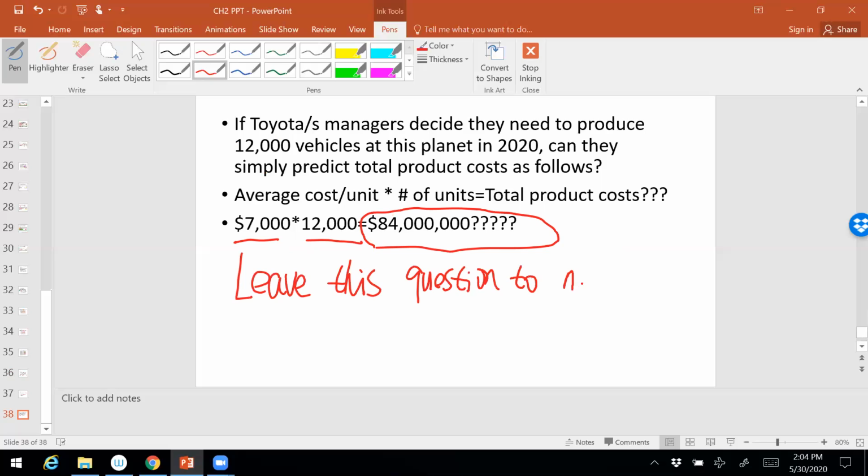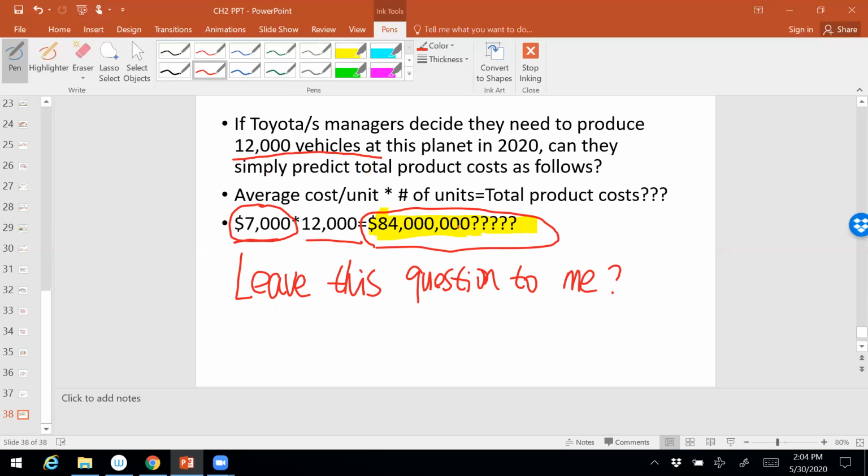And then I may ask you a question as a quiz next time. Look at this one. You said, I calculated each month average cost is 7,000, and I think next year I will produce 12,000 units. So will my predicted total cost be 84 million? Yes or no?